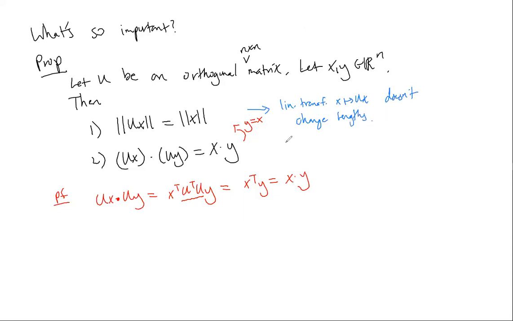This linear transformation may take a vector to some other vector, but it doesn't scale it at all. Okay, and what does this one say? It says if you have two vectors, then it doesn't change the angle between them.